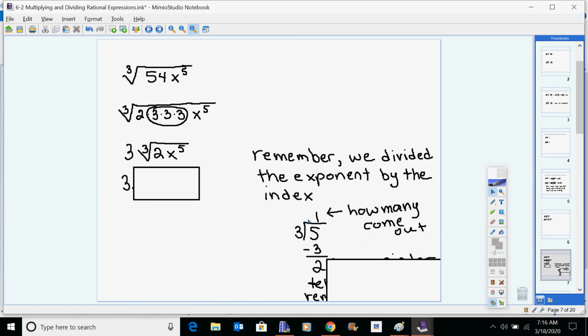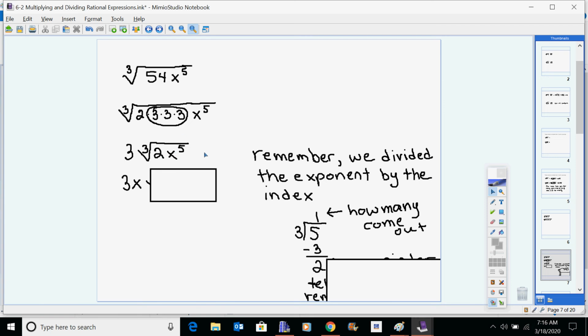The whole number of times that your index goes into your exponent tells you how many of that particular element will come out of the radical. So 1 x can come out, and imagine the 5 x's all lined up.